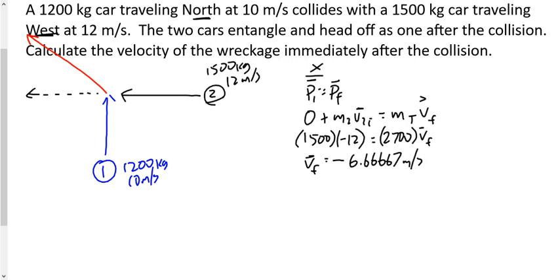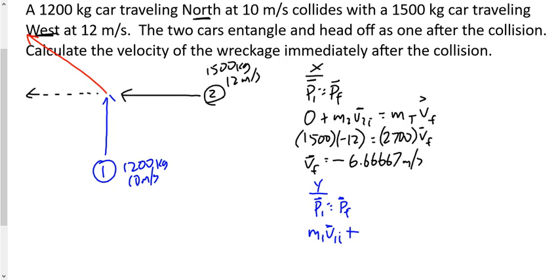Now, the y component. We're going to say again, pi is equal to pf. We always do this for a collision, right? We're just doing it twice this time because we have an x and a y. For the y component, m1 v1i plus m2 v2i, but what's v2i? 0, right?